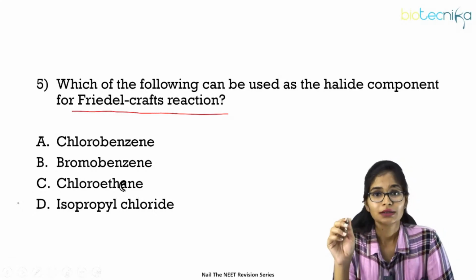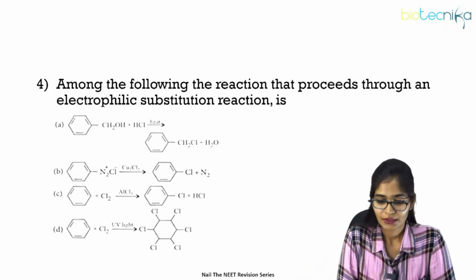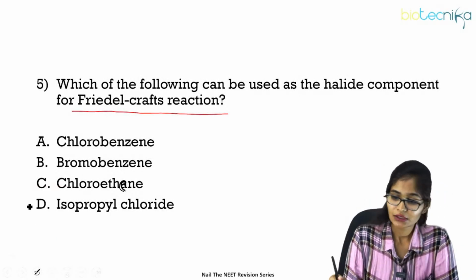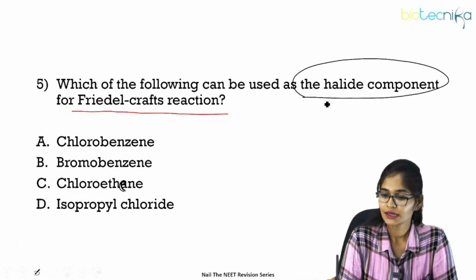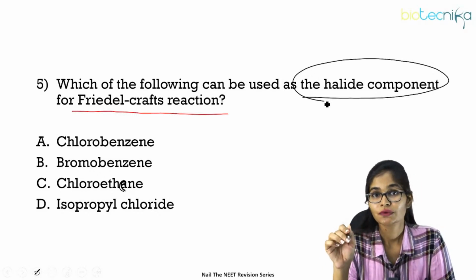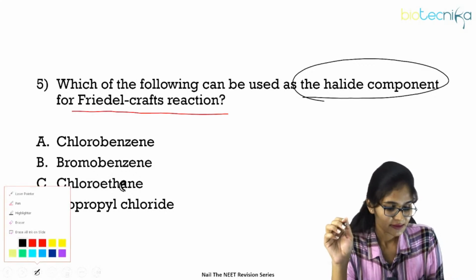So first thing, they're asking regarding the halide component which will easily undergo Friedel-Crafts reaction, right? In Friedel-Crafts reaction, we use alkyl halide as a reactant along with benzene, right?